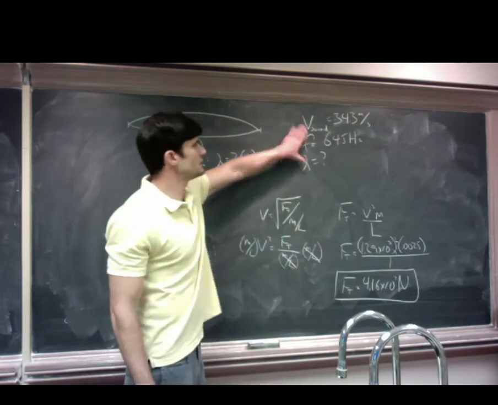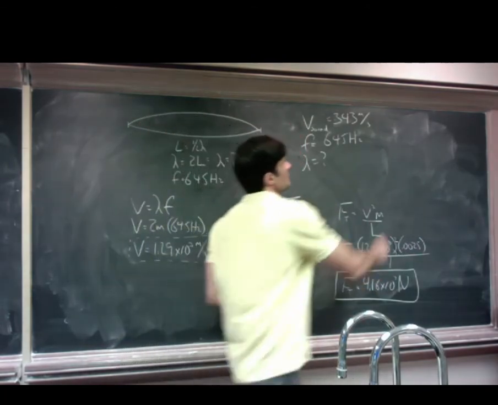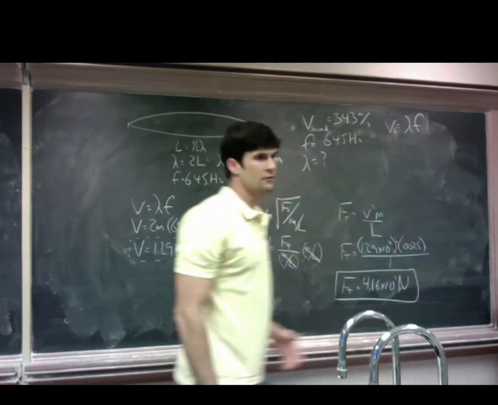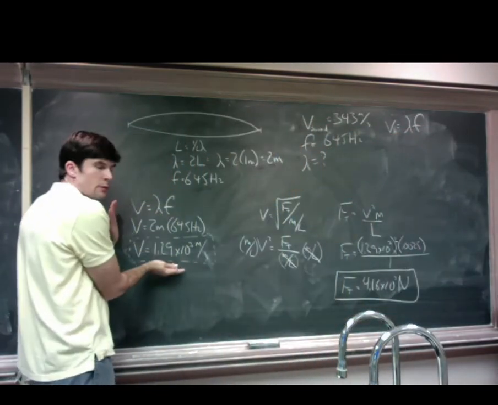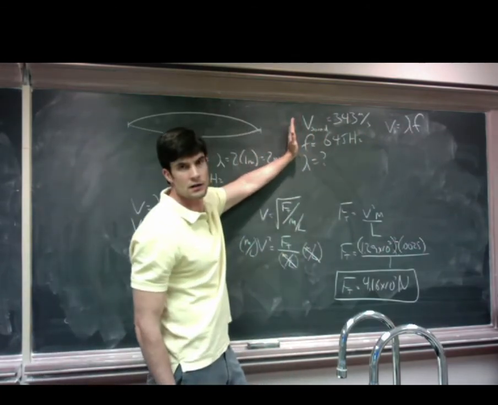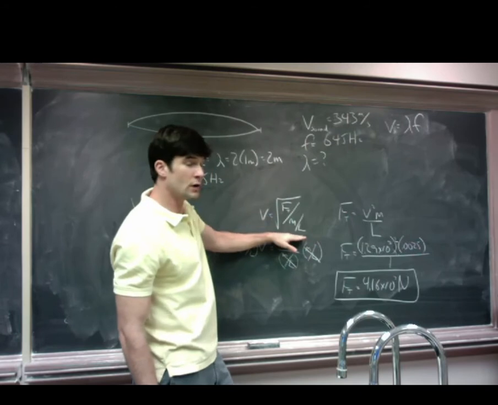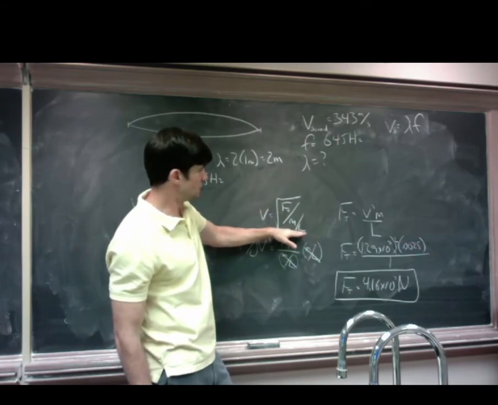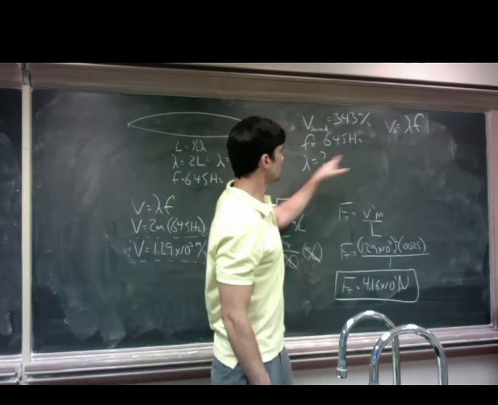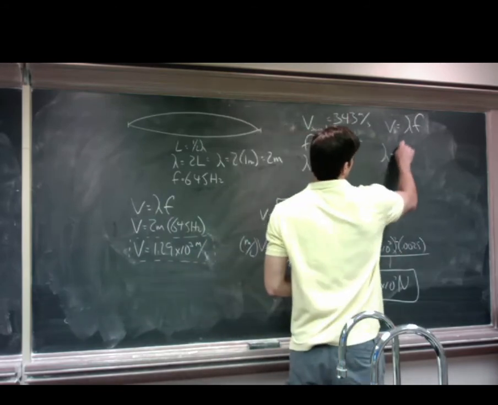We can use this to find the wavelength. This equation, remember, is valid for any kind of wave. We use this equation when we're looking at the wave on the string, and we can use it here when we're looking at the wave in air. This other equation can only be used when we're dealing with the string. Okay? This one we can use for any kind of wave. So I'm going to solve this for the wavelength.